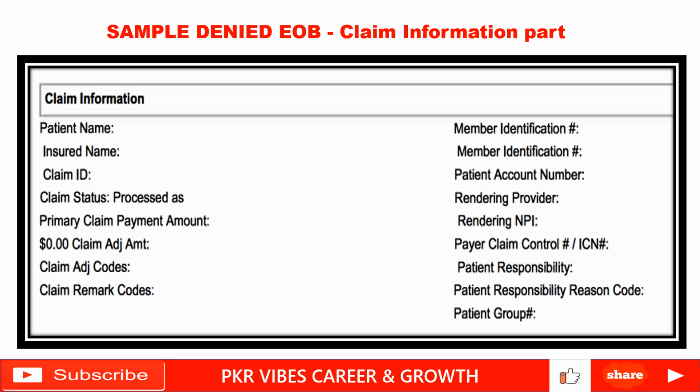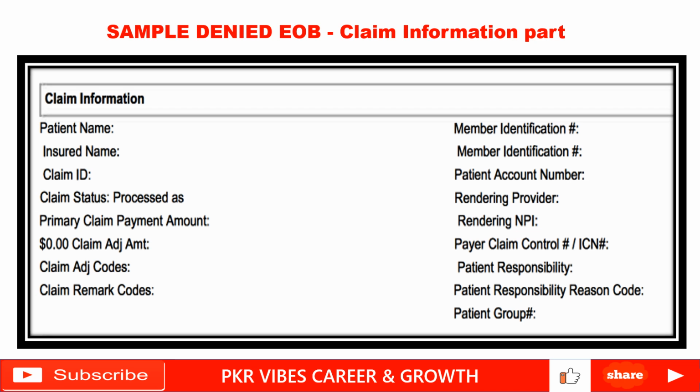Individual providers have their respective NPI number, national provider identifier. That also we will see on the claim information part. And the payer claim control number, nothing but the ICN number. ICN is nothing but internal control number.